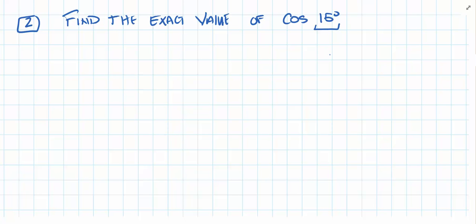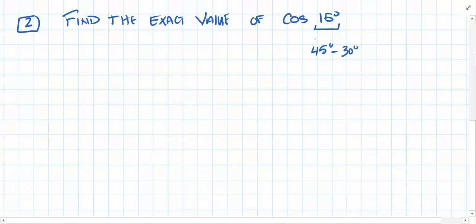Negative 35 plus 45? 45 minus 15? 45 minus 30, right? Isn't it true that 45 degrees minus 30 degrees is the same thing as 15 degrees? Yes. And do you notice that that's a difference of two different angles?